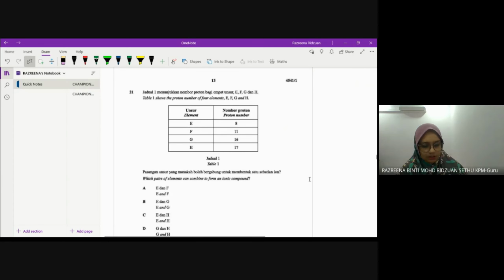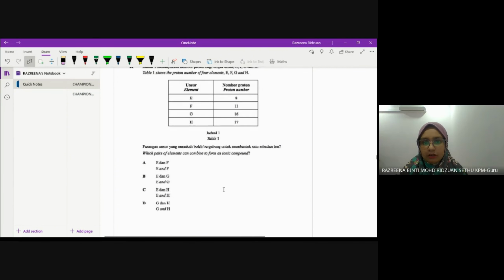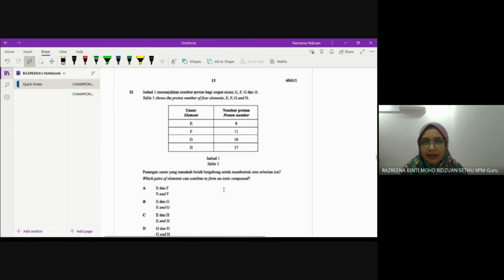Question 21. Table 1 shows proton number for 4 elements E, F, G, and H. Which pair of elements can combine to form an ionic compound? In order to know whether they are ionic or covalent, first you need to identify whether they are metal or non-metal. Proton number 8 is 2.6. So 6 means they are in group 16.